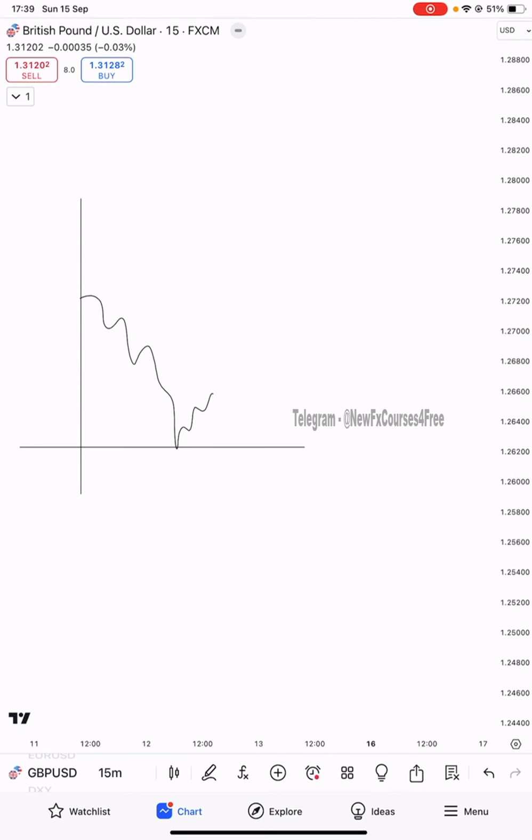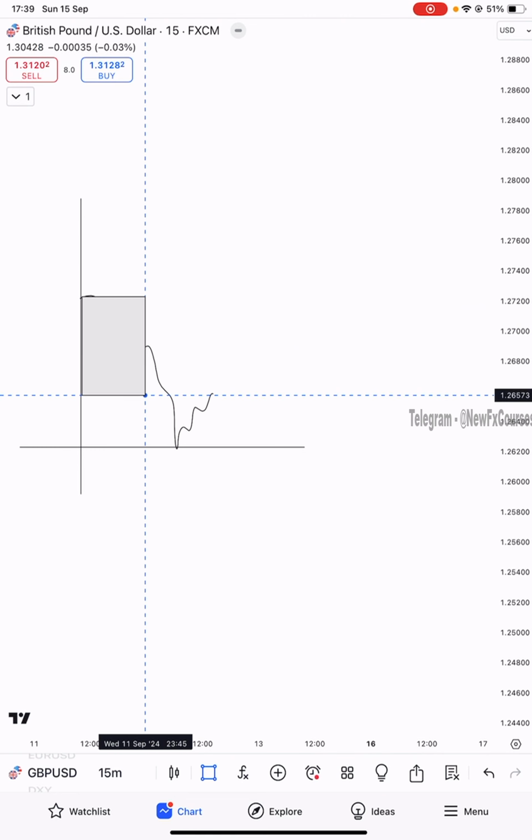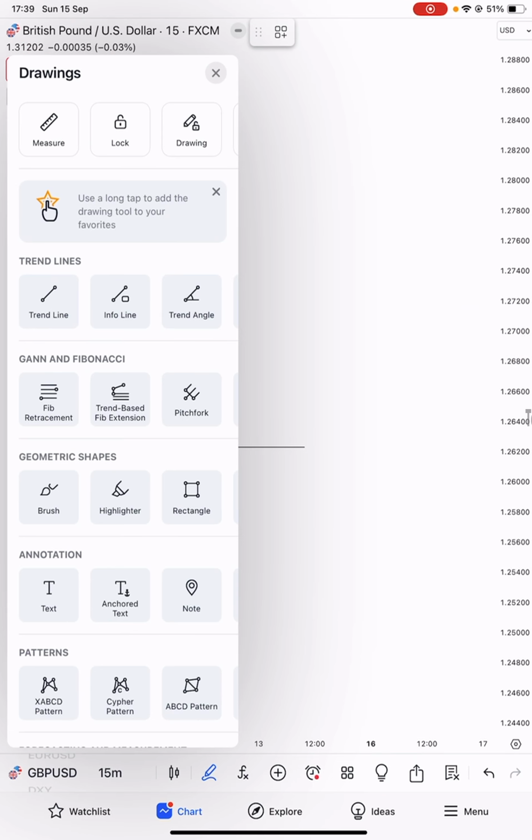So let's say this is Monday, and this is Tuesday. You wait for Tuesday to close. So the low of the week is already put in at a higher time frame key level in line with your expectation.